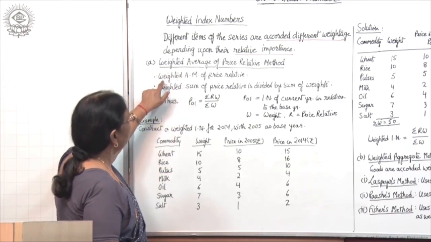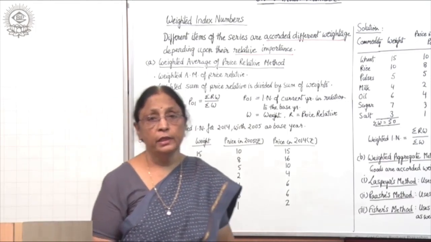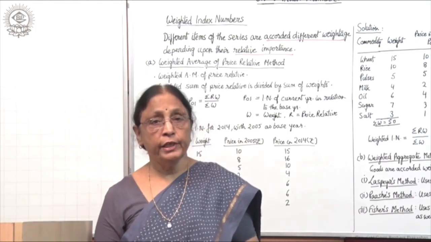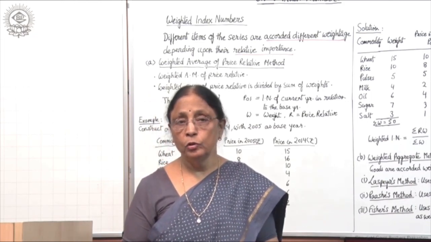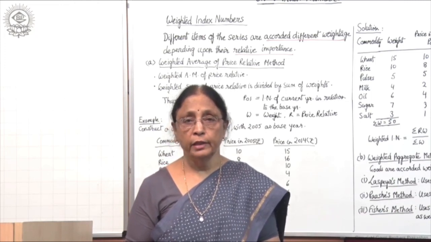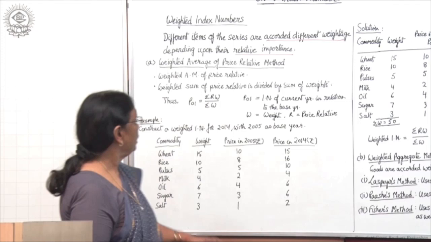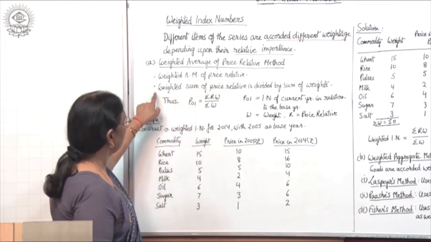Under this method, the weighted arithmetic mean of price relative is calculated. Price relative, you know, means the relation of price between the base year and current year. Right? So the weighted arithmetic mean of price relative is taken.